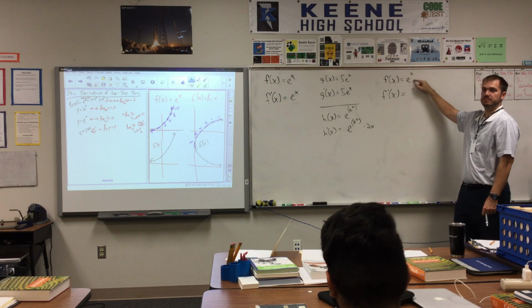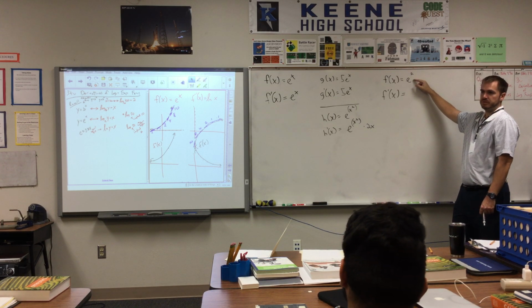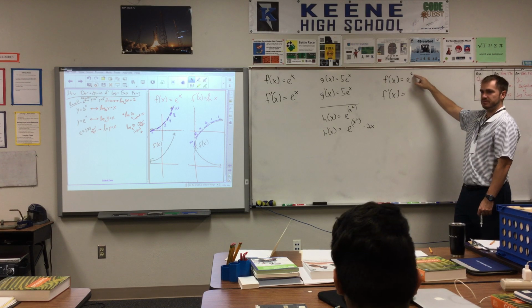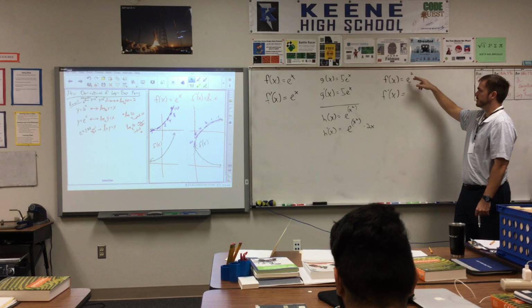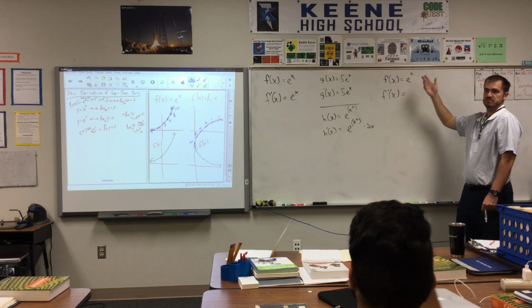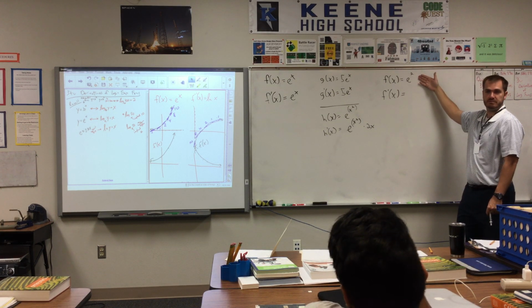What is e? A number. Yeah, and it's approximately 2.71 something. What is 2? It's a number. So basically, you have some number raised to a power, so this is essentially another number.